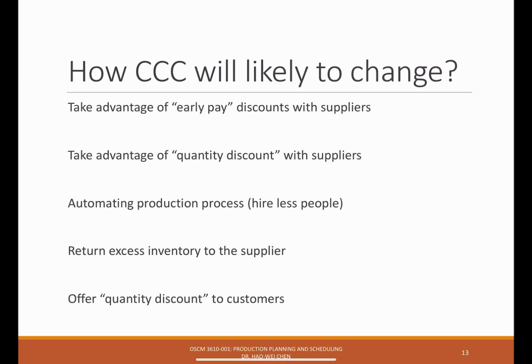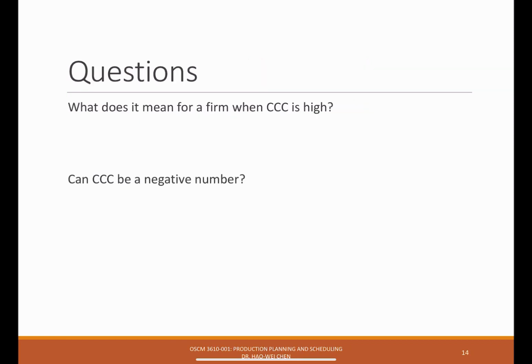Take a look at this slide to see if you will be able to analyze how the cash-to-cash cycle time will change. And I have a couple questions for you. What does it mean for a firm when the cash-to-cash cycle time is high? When it is high, it means that it takes much longer time for you to receive the payment.